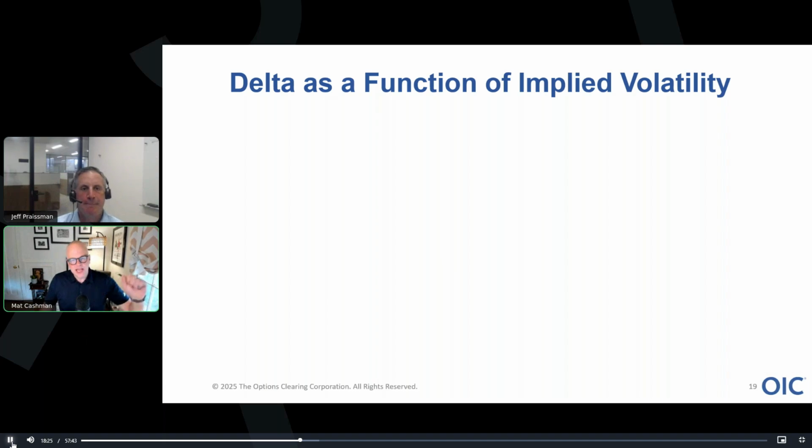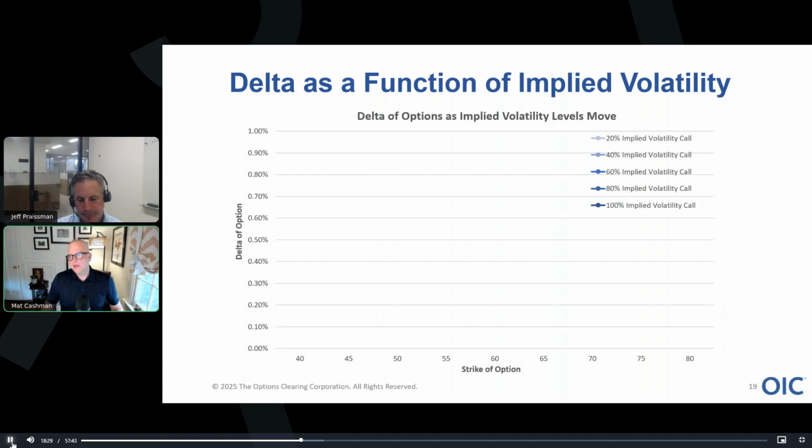I'm going to try to give you the same scenario in all three so that you can understand exactly how this works. We're going to take the same options and I'm going to run through what they look like on a 20 vol, a 40 vol, a 60 vol, an 80 vol, and a 100 vol. And the reason why is I want you to think about what's happening to these options as vol goes up.